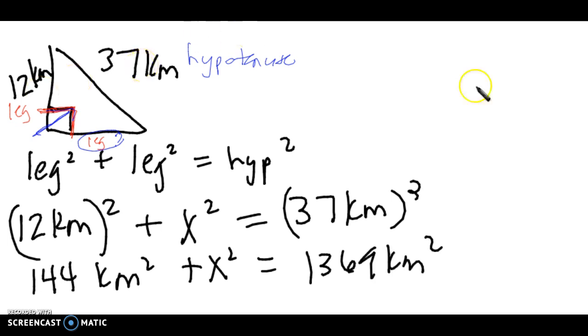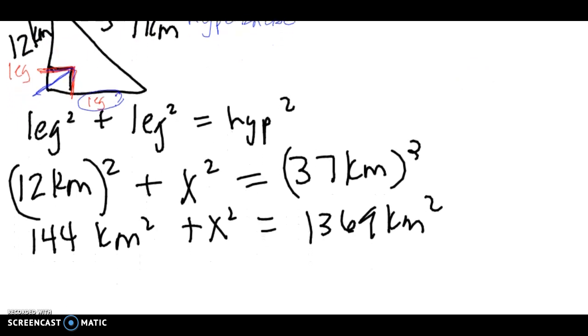And again, if we want to solve for x squared, we have to do the inverse operation of addition, which means we will subtract 144 kilometers squared from both sides.